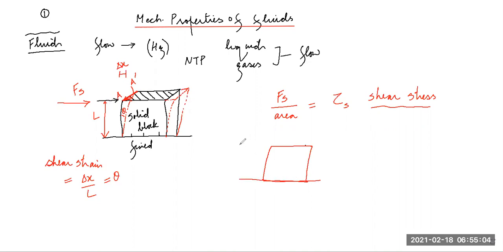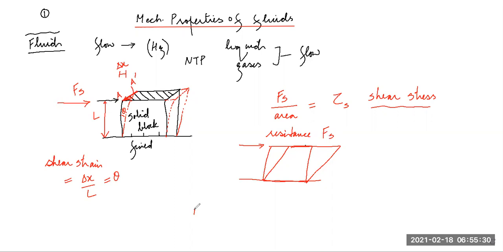Then if you apply some force here, obviously the deflection will be more. In case of a rubber block, it will become like this, but still you can say the upper surface of the rubber, or the rubber as a whole, offers some resistance against Fs. What is Fs? Fs is shear force, right, students?